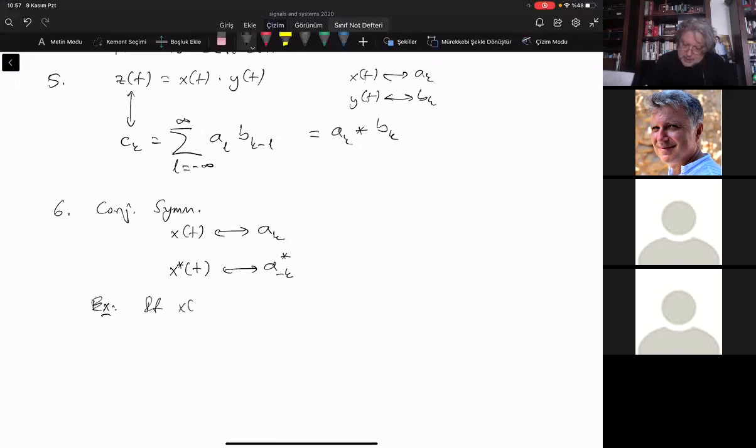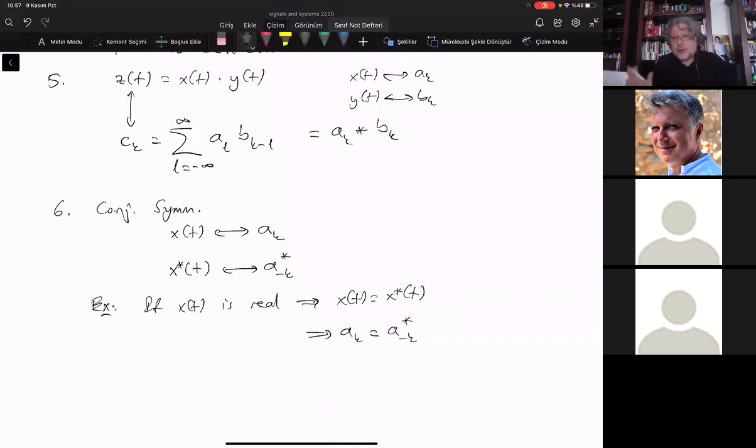If x of t is real, it is equal to x conjugate of t, isn't it? So a_k is equal to a_(minus k) conjugate. You remember this? I was telling you that.